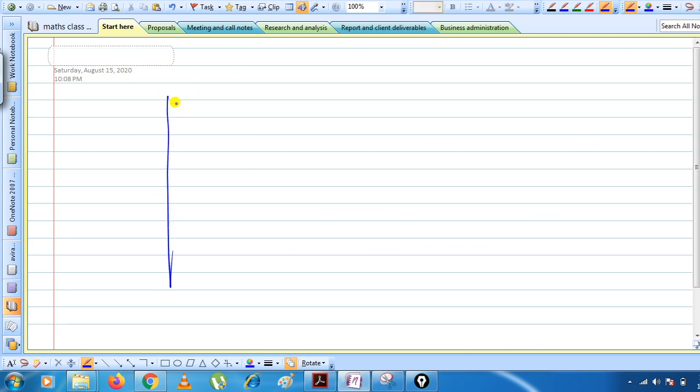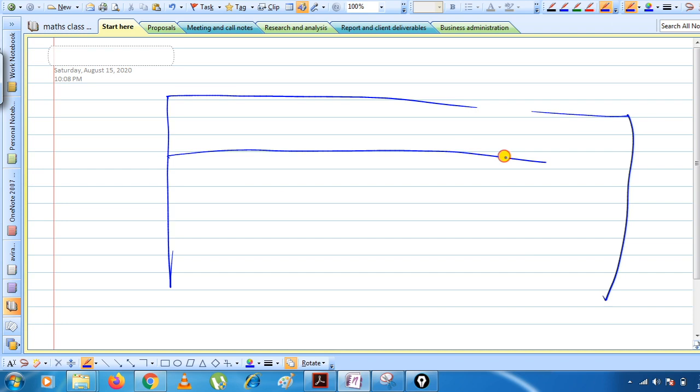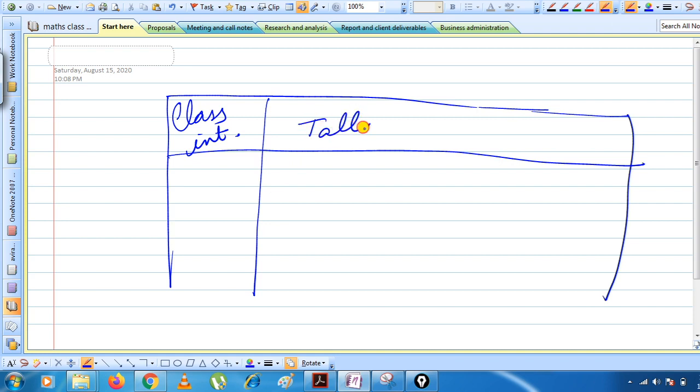To make a tally mark frequency table, you have to make one table. In that table, first of all, you will write class interval. Then you will write here tally marks, and after that, at last, you will write frequency.